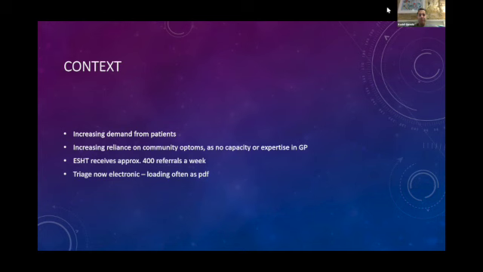And so consequently, we have to look at all 400 referrals, which are sent as attachments, often PDFs or Word documents that we have to download and read. So it takes time.